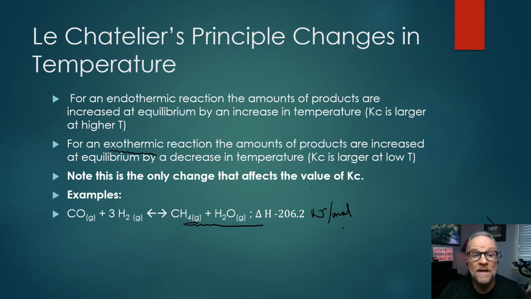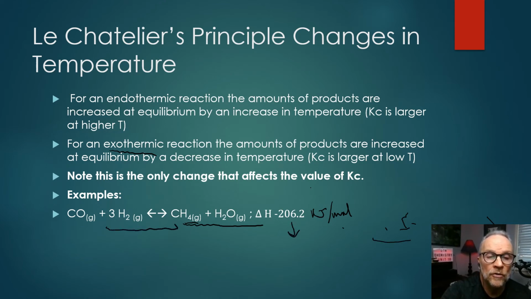It says here, for an exothermic reaction, the amount of products is increased at equilibrium by a decrease in temperature. So if you decrease the temperature here, it's going to shift toward the heat that's being lost. In an exothermic reaction, if you decrease the heat, the reaction is going to shift towards the product side to replace the energy that is lost.